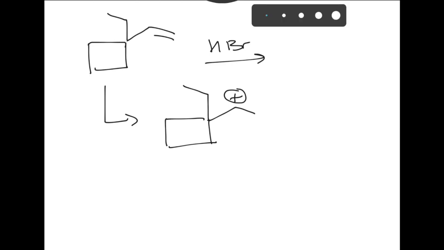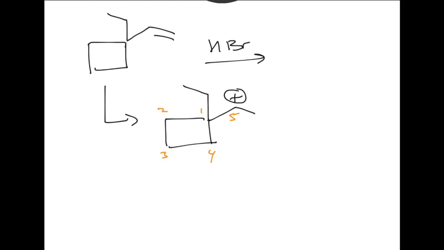Now, what I like to do is number all of the carbons of the ring. This is going to help you track where groups are from, where groups need to be from your starting material to your product. So we're going to go 1, 2, 3, 4, and the carbon that has the carbocation is going to be 5. It's going to be the number of the ring you're going to.